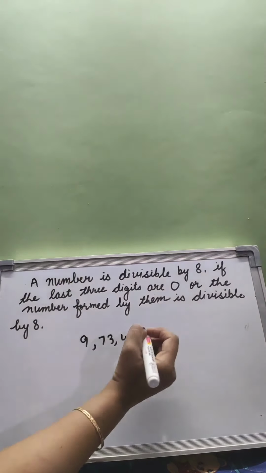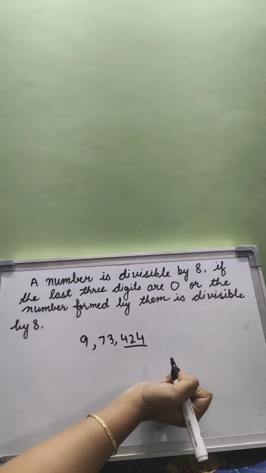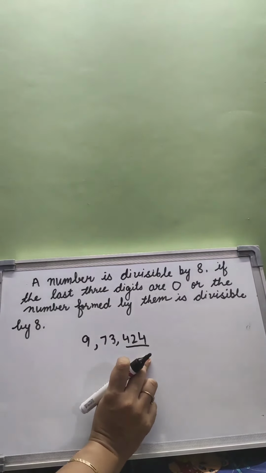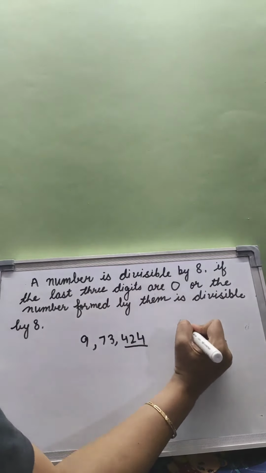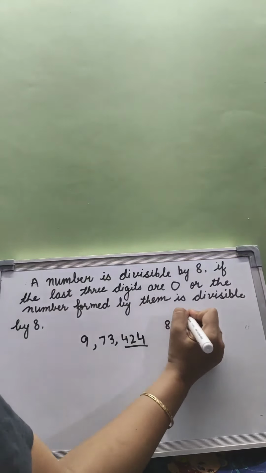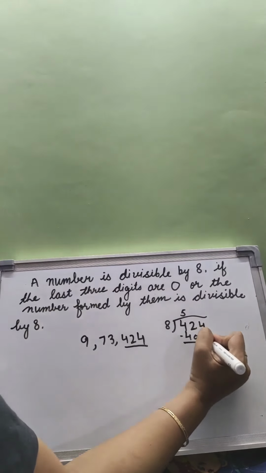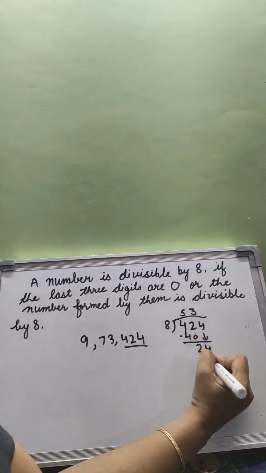I'll take the other example. The last 3 digits are 424. Now you have to check whether 424 is divisible by 8 or not. So let's divide and check. 8 5s are 40. 8 3s are 24.